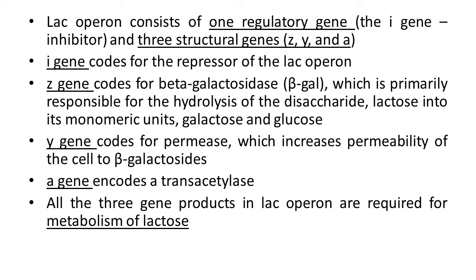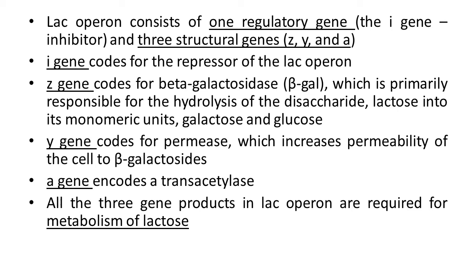If we talk about the lac operon, what does it consist of? It consists of one regulatory gene, that is small i, or also we can say i for inhibitor, and three structural genes. Which are these three structural genes?